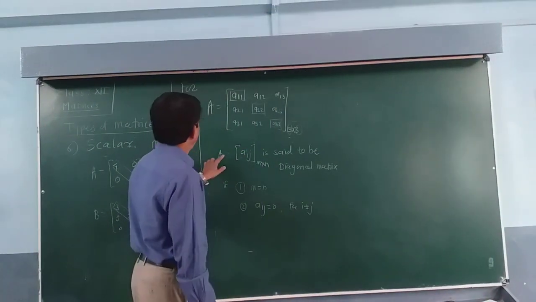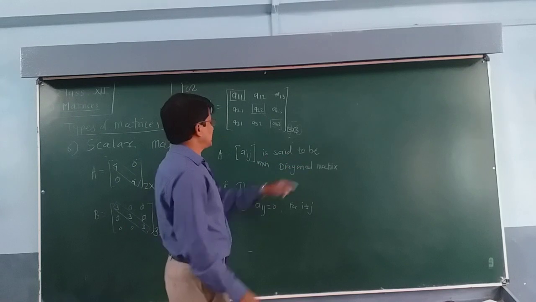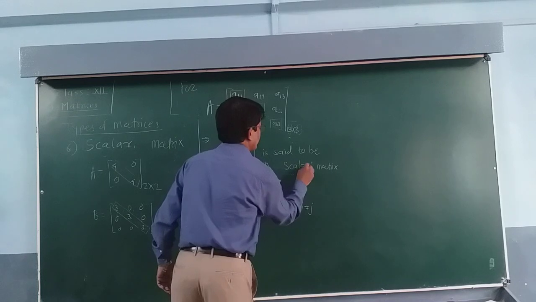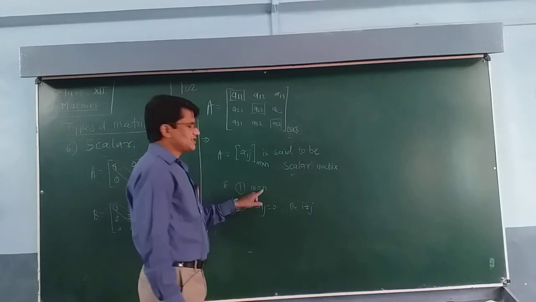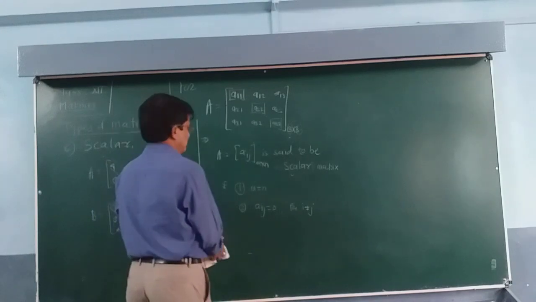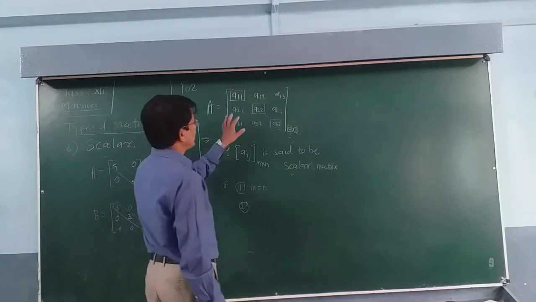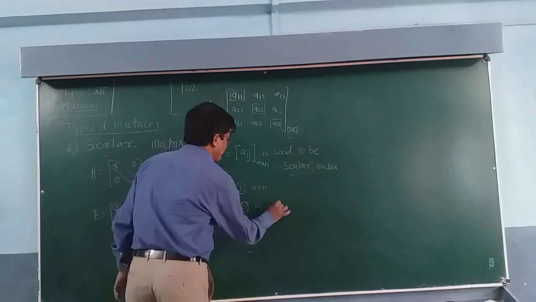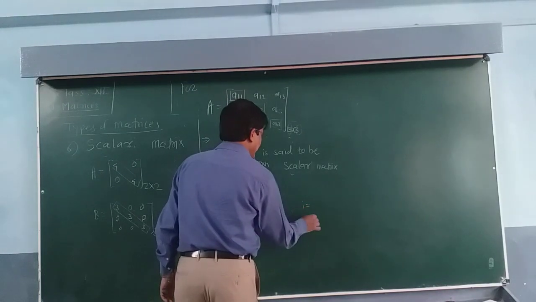So our general definition: A equal to Aij is said to be a scalar matrix if, number 1, m equal to n, which means it should be a square matrix. Number 2, all the diagonal elements Aij should be a particular fixed number k, for i equal to j.